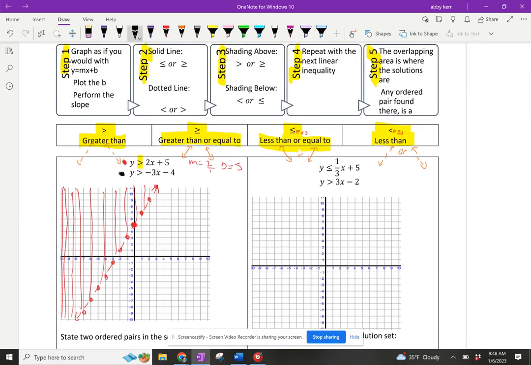I'm going to graph my second line like I would a normal equation. I'm going to start at -4, and then I'm going to go down 3 blocks, right 1, down 3, right 1. And then I'm going to do the opposite, up 3, left 1, up 3, left 1.